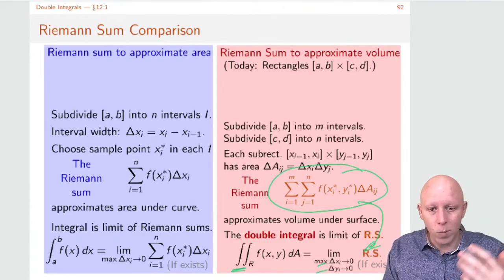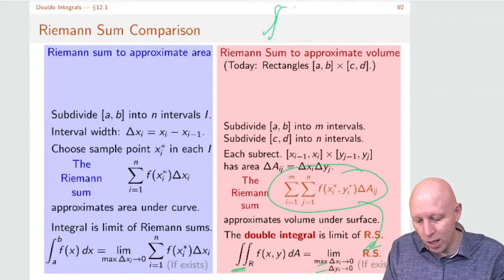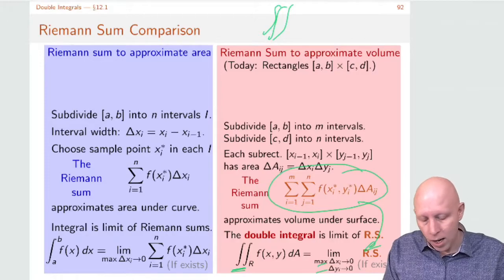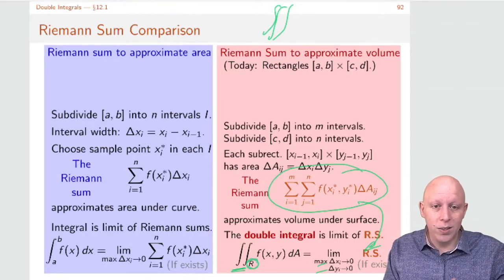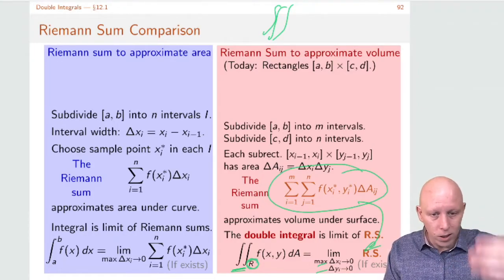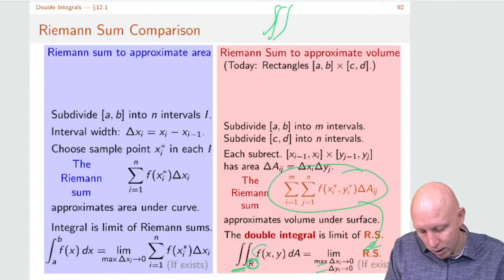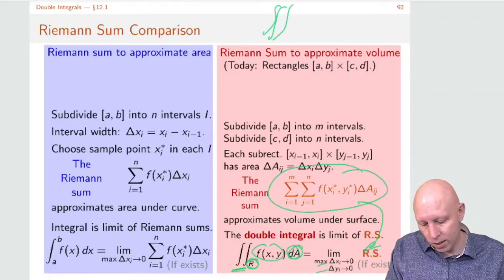Later on, we're going to be talking about functions of more variables, so a function of three variables will have a triple integral sign. This little R here is telling us the region that we are chopping up over, and this is our function, and we use dA to represent a little bit of area.